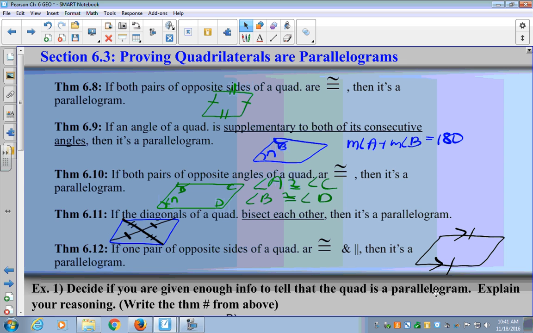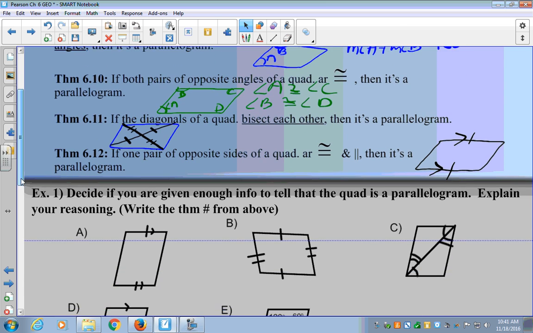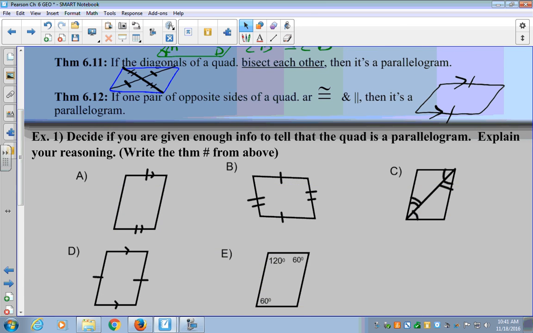All right, let's look at some applications. So let's decide using our theorem if there is enough information to call this shape a parallelogram. So we have this shape here. It's got congruent sides that are parallel. Can we call it a parallelogram?